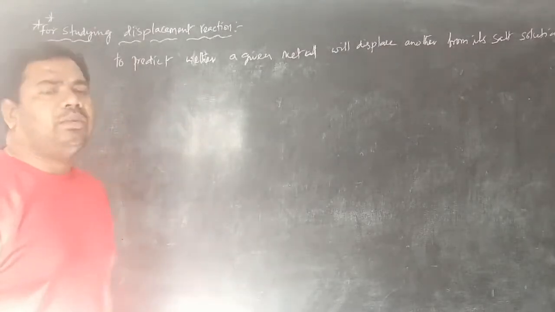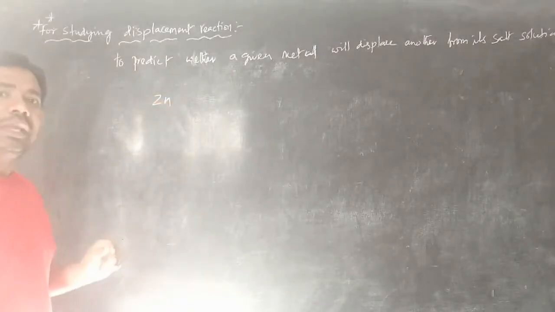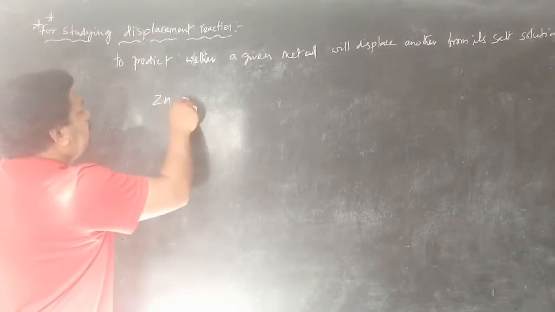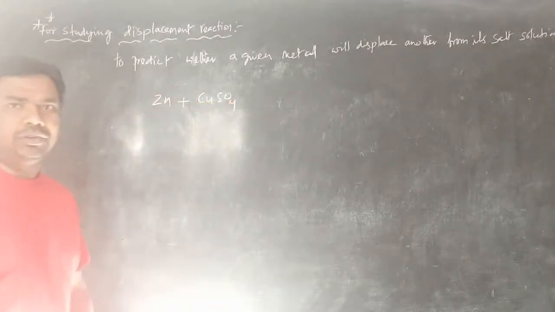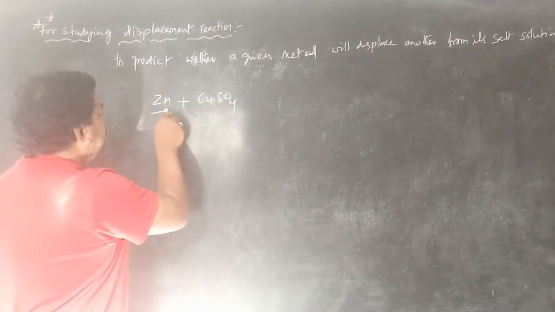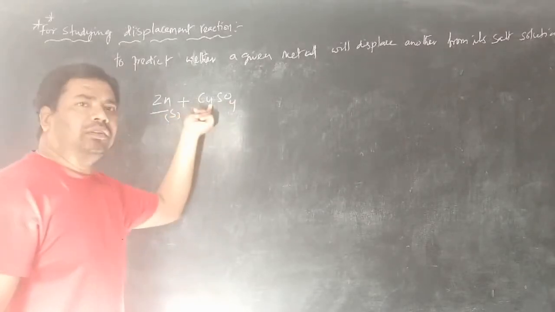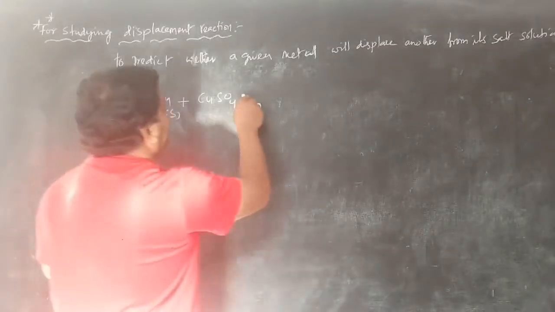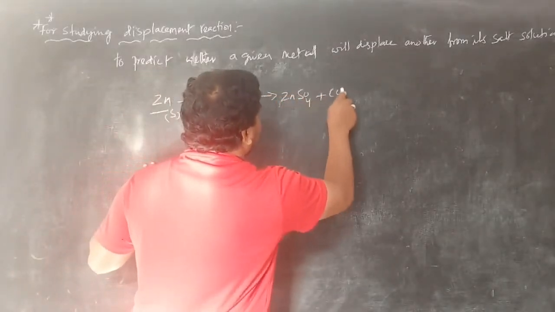Here for example, zinc metal can displace copper from copper sulfate solution. Zinc metal will displace copper from copper sulfate solution to form zinc sulfate plus copper.